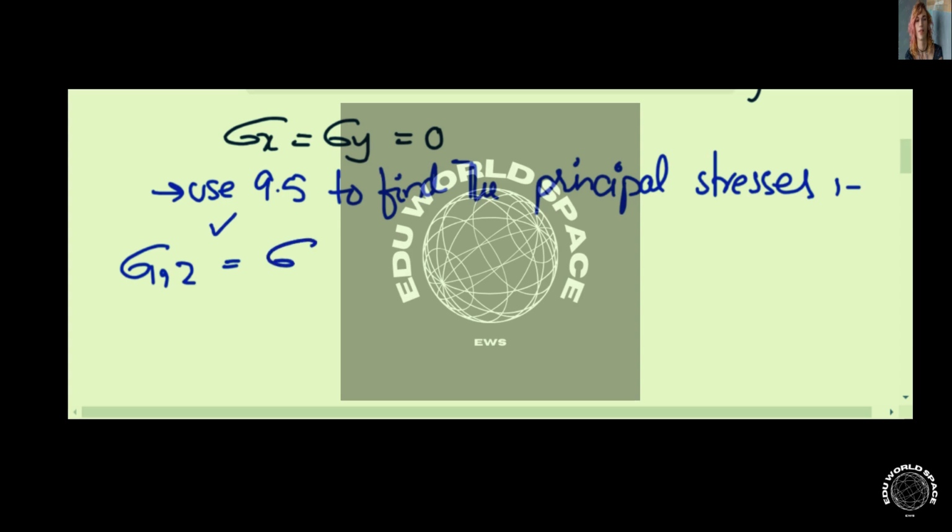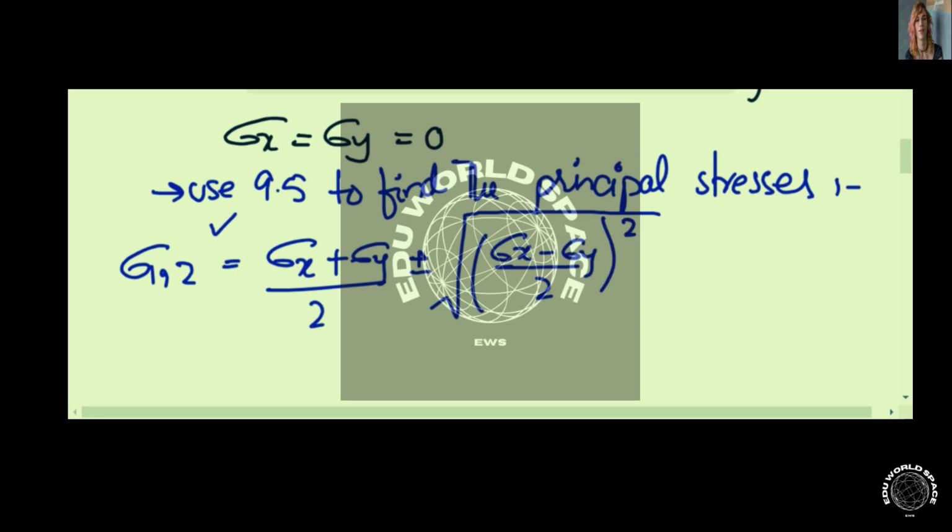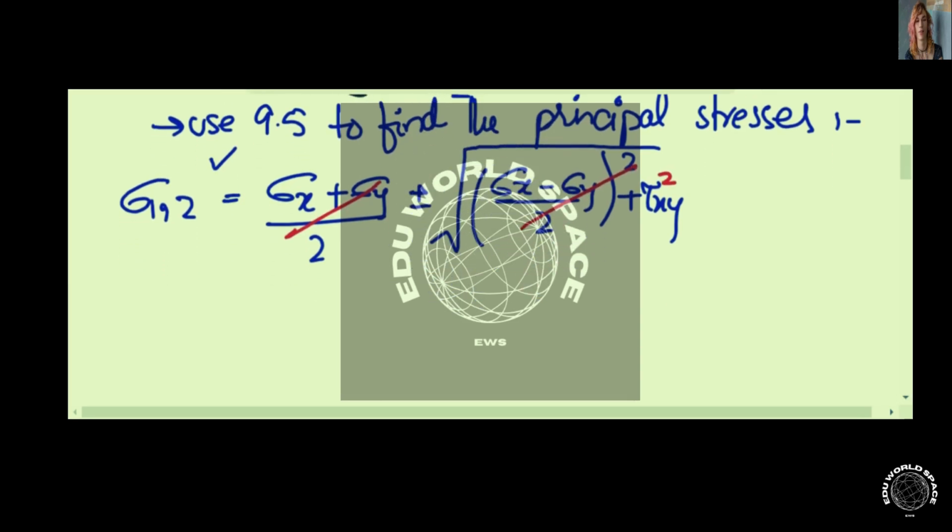So I have sigma x plus sigma y divided by 2, plus minus the square root of the quantity sigma x minus sigma y over 2, squared, plus the shear stress squared. Since there is no stress in the x and y direction, this cancels out, so we'll only have the shear stress, with plus minus and the absolute value.